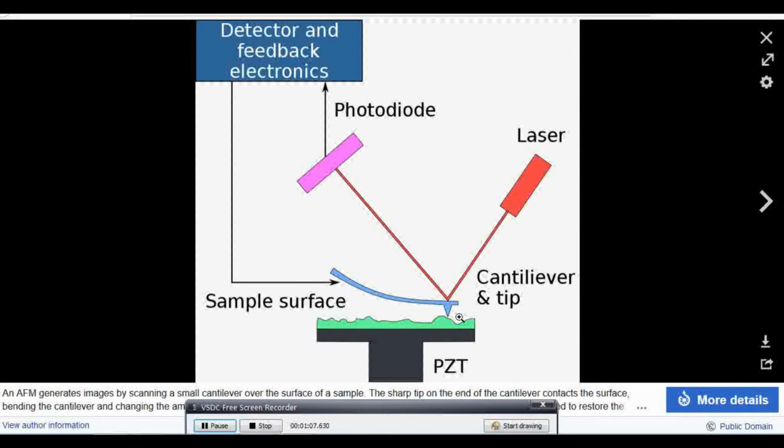So how do they acquire the images? There will be force applied on top of this cantilever.